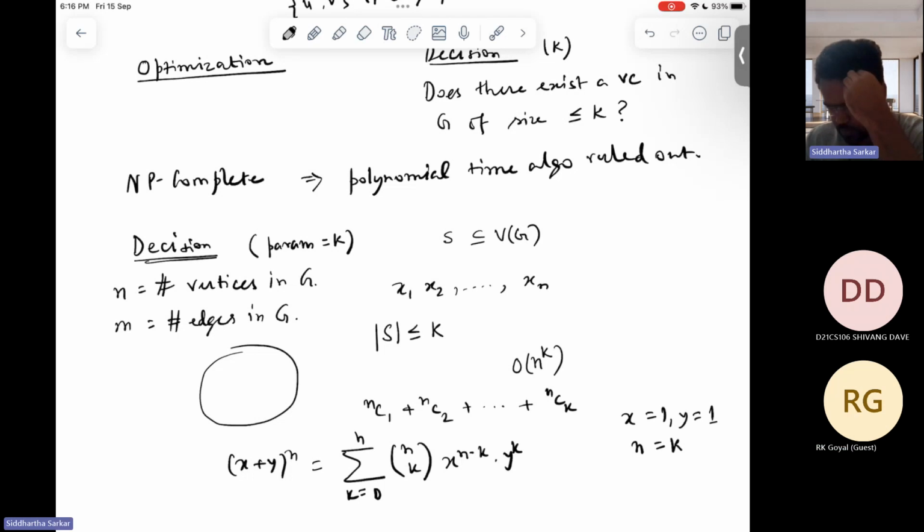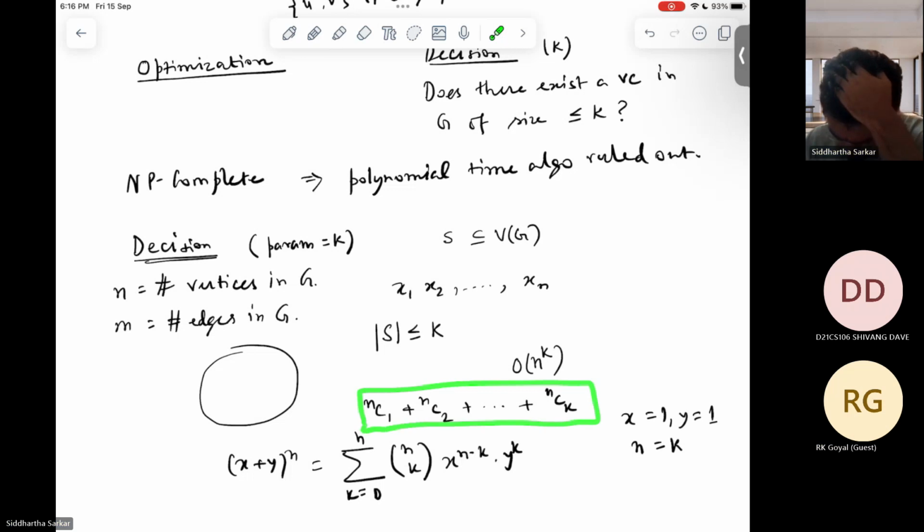Where is the problem? In the binomial expression, the number of terms is 0 to n, so n plus 1 terms are there. But here we have only k terms.